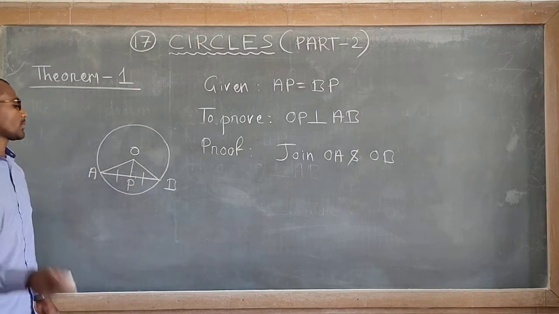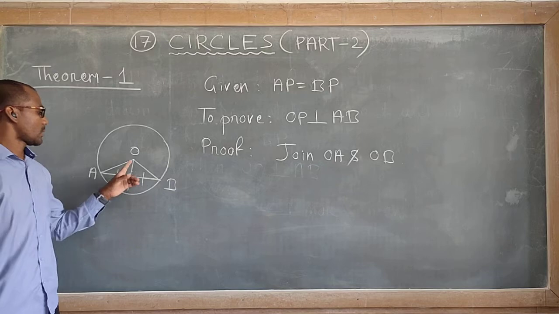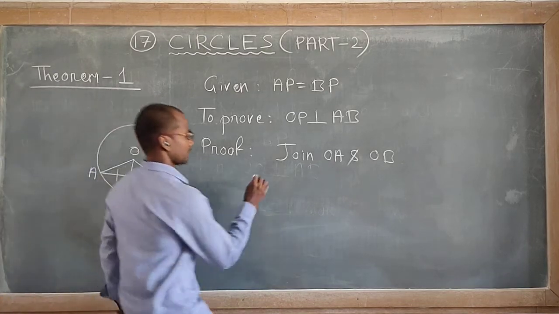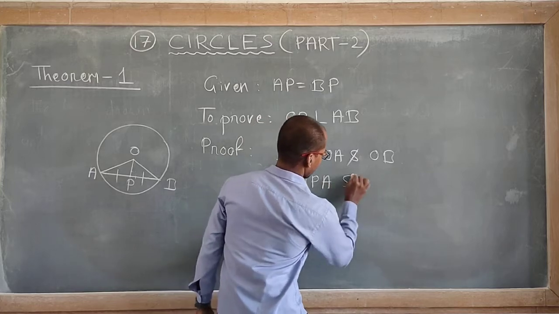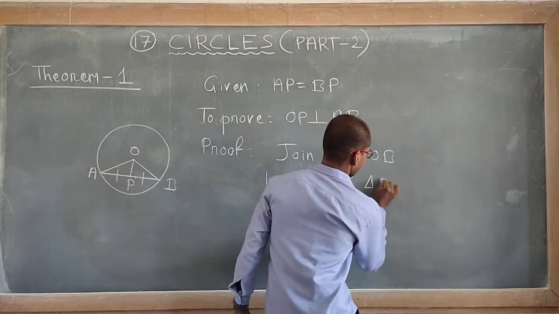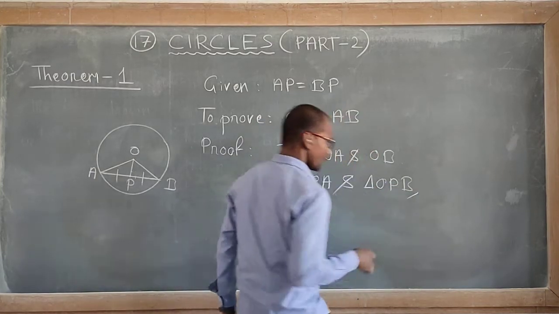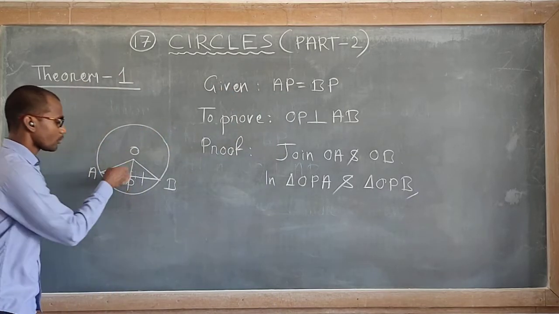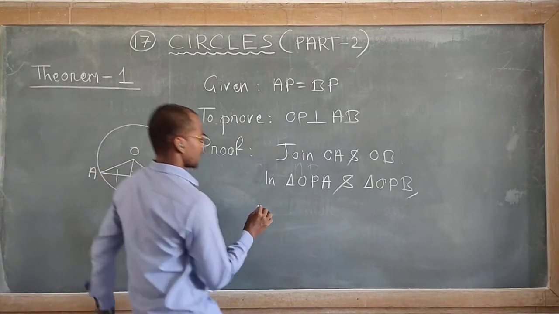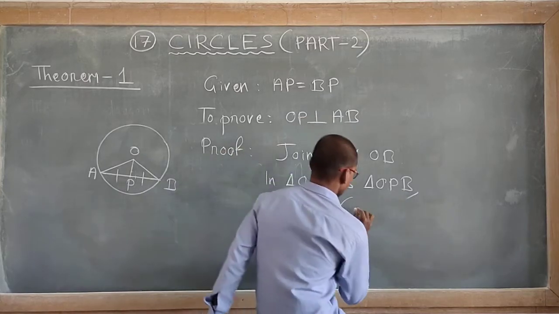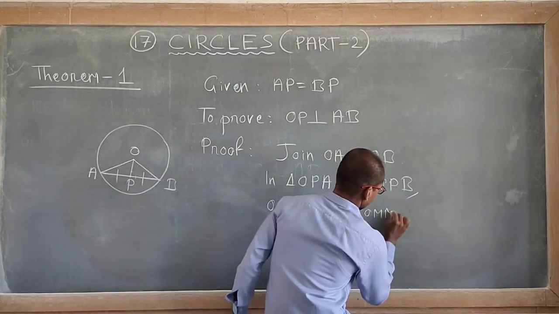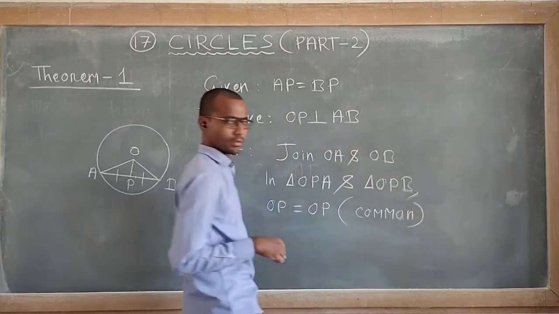We can prove congruency between these two triangles. In triangle OPA and triangle OPB, you can see OP is common. OP is equal to OP, which is common.